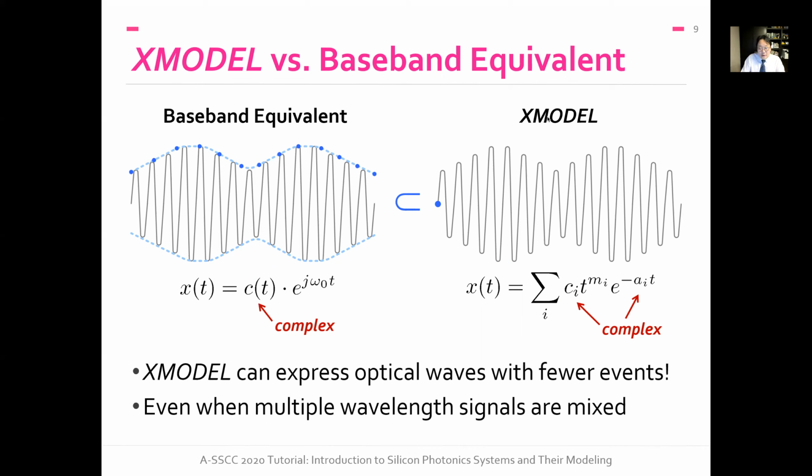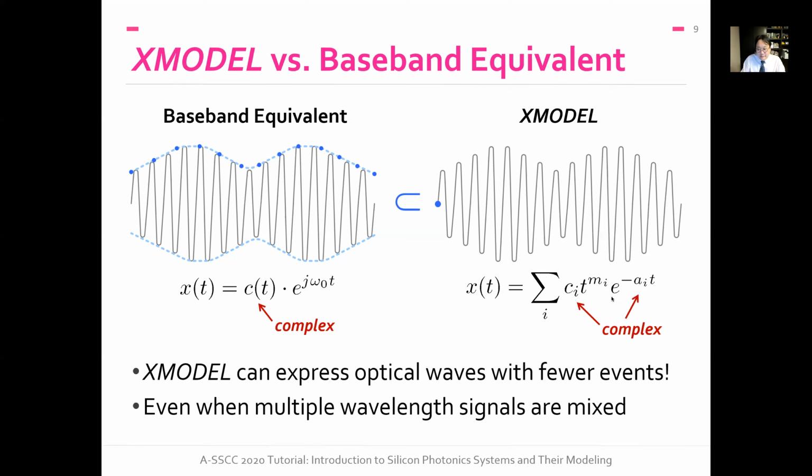Well, what XMODEL does in comparison is that it uses a functional expression rather than a set of points to describe these continuous-time waveforms. And I will go into a little more detail in the next slide. But for now, you can see that it uses a functional expression, which is basically a sum of exponential functions.